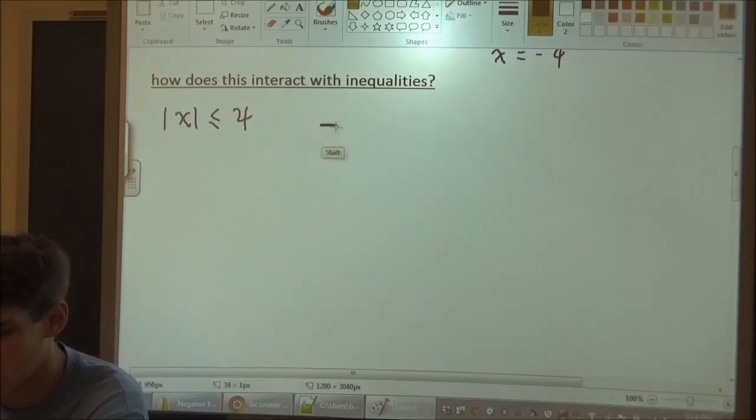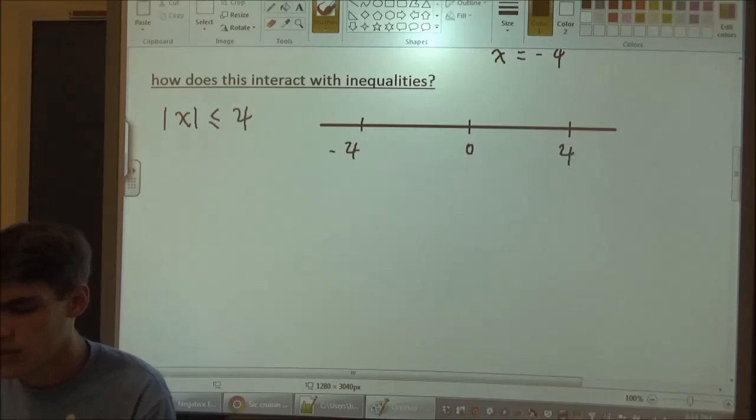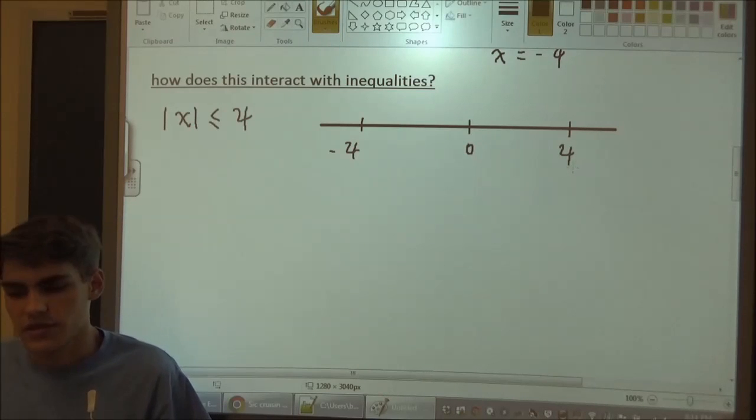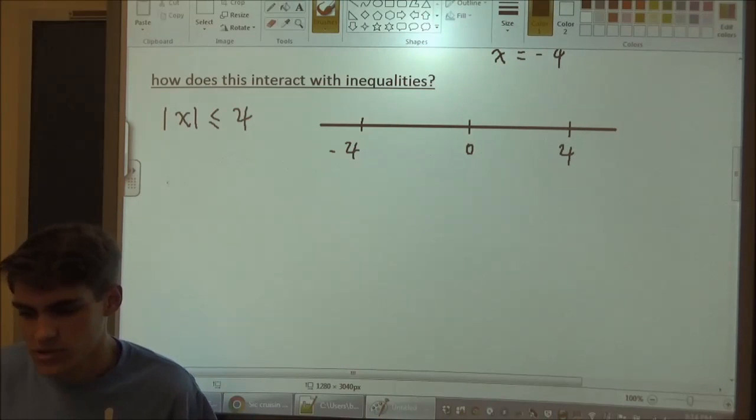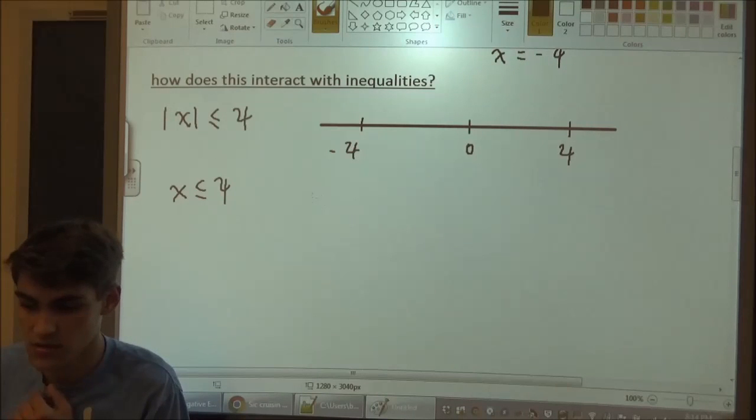Well, let's pull out our number line and put our 4's down, because we know that 4 is going to be involved. So the absolute value of x would be less than or equal to 4. So if x was greater than 0, then you just give me the normal x back. But what if x was less than 0?